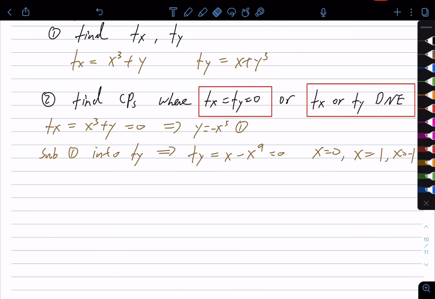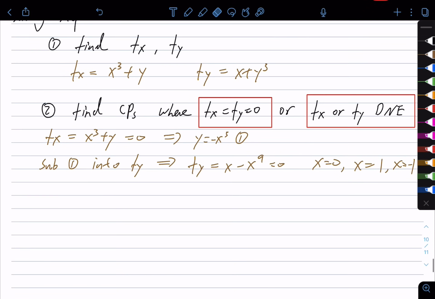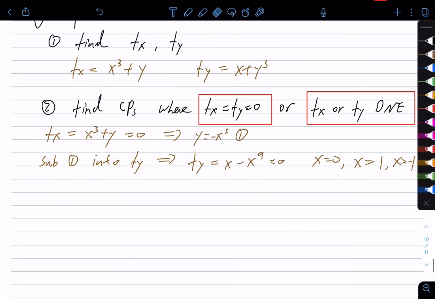So we have 3 x value candidates. And then we substitute these x values back into equation 1. Since y equals negative x cubed, if x equals 0, y equals 0.